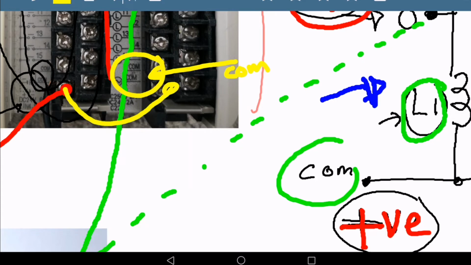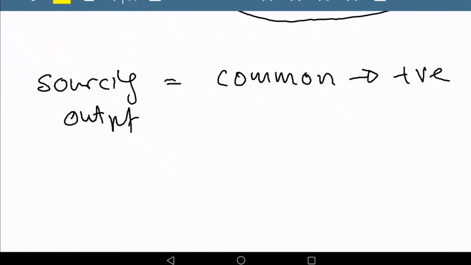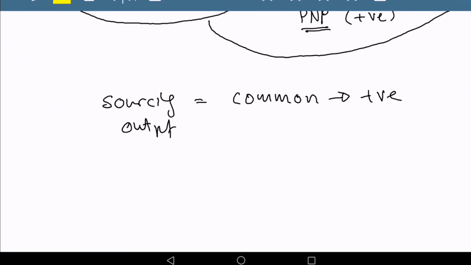Alright, so if that common terminal is connected to negative, that is syncing output. That's all. Okay, sourcing output, common of your output is connected to positive.